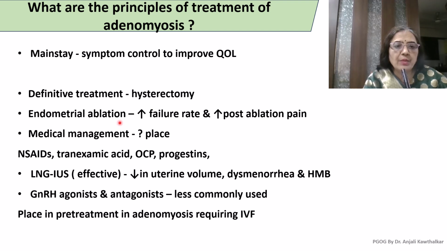Endometrial ablation can be done; adenomyosis is not a contraindication to endometrial ablation for heavy menstrual bleeding, but it is associated with an increased failure rate. In adenomyosis, the endometrial glands and stroma are in the myometrium, so we are not able to take care of that, and that is why there is an increased failure rate of endometrial ablation whenever adenomyosis is present.